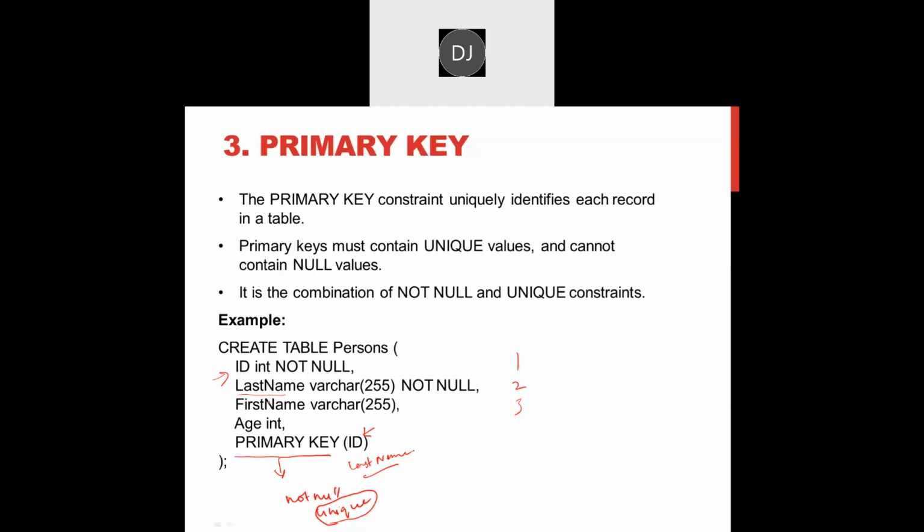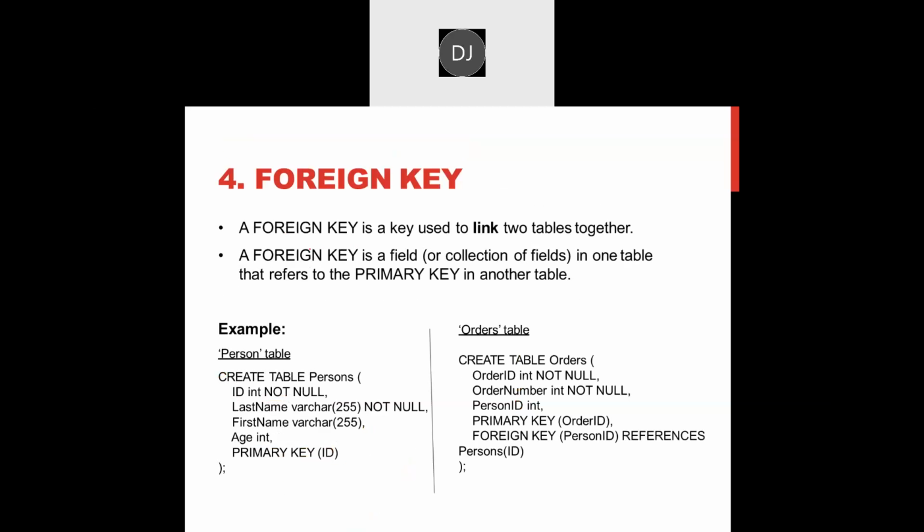Furthermore, a foreign key is nothing but a key from another table. A primary key of one table will be the foreign key of another table, right? Just a moment.